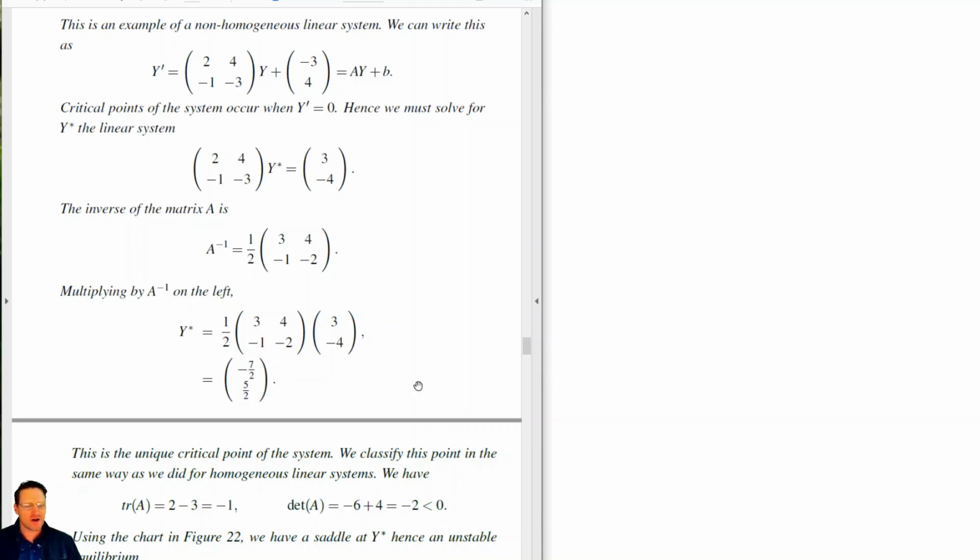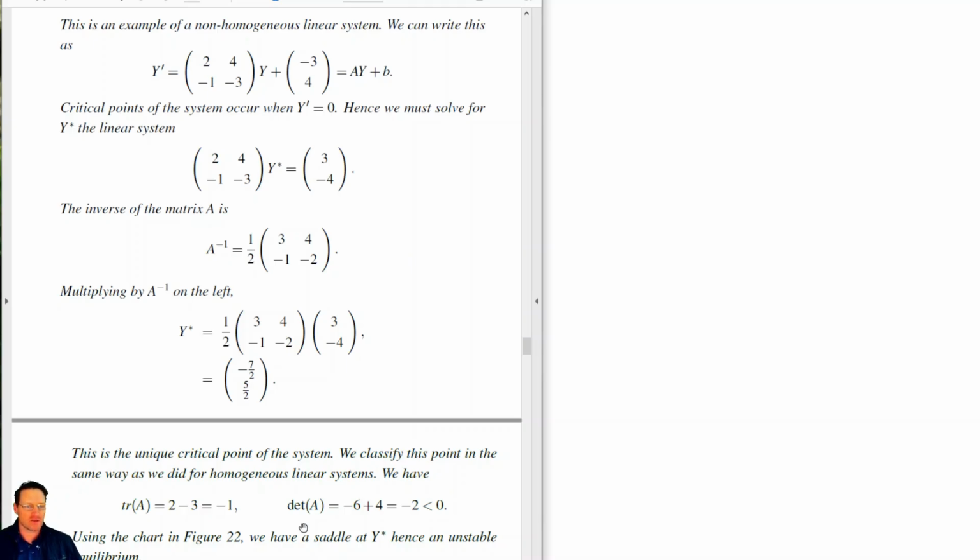Now we want to classify this, and we do so just in the same way as we did with homogeneous systems. So we calculate the trace and the determinant of the matrix A. In this case, the trace being the sum of the diagonal elements is 2 minus 3, which gives minus 1, so that's our trace.